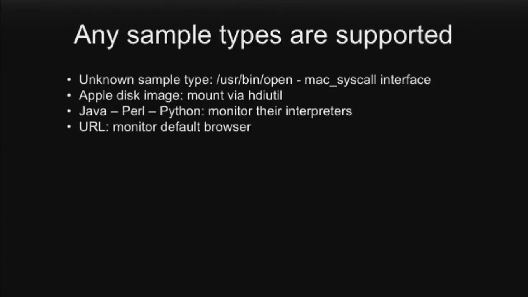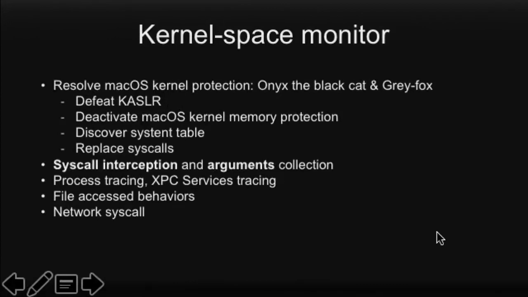And our kernel space monitor is motivated by previous research: Onyx the Black Cat by Pedro Vilaça for kernel syscall table discovery, and Gray Fox by Vincent van Mieghem. First, Mach Kemal solves the KASLR, and then it deactivates the kernel memory protection. The monitoring happens by hooking into a set of system calls for extracting the behavior information.